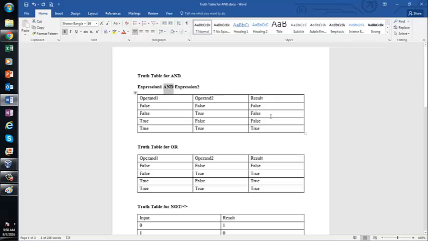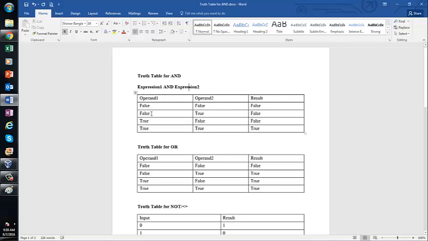Now how does and actually work? For and there could be 4 combinations. Let's say the left side of the and is operand 1 and the right side is operand 2. If the left hand side is false and the right hand side is false, the result will be false.